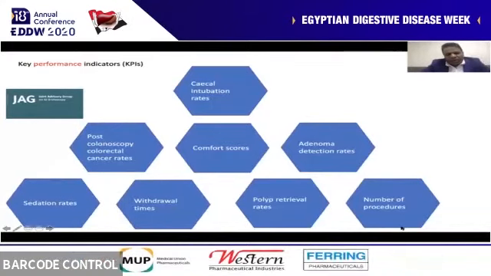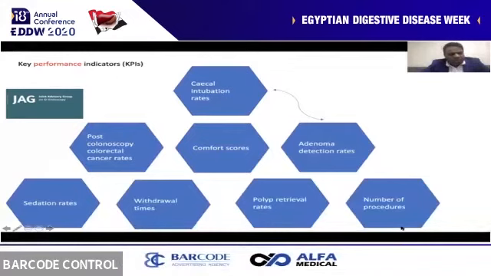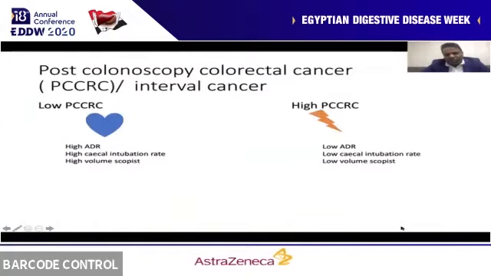But we know that the two most commonly used quality indicators, for research purposes and also for quality assurance, are cecal intubation rates and adenoma detection rates. Nevertheless, all the KPIs are very important, and they're all interlinked. As one improves, the other also improves.